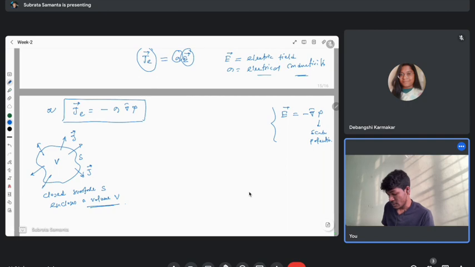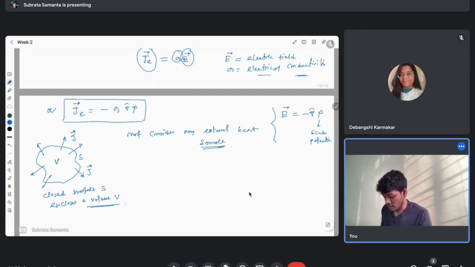Okay, so we are not considering any external source. That means there is no heat source, nothing to pump in heat. So there is no external heat source.